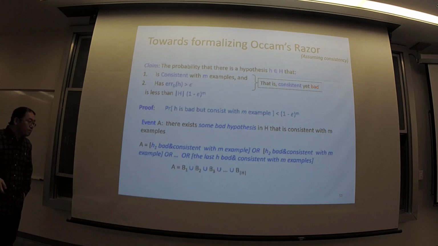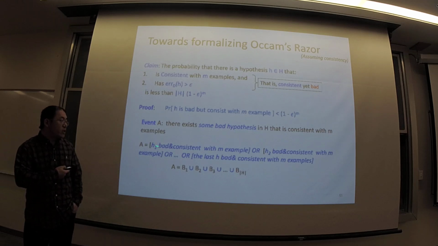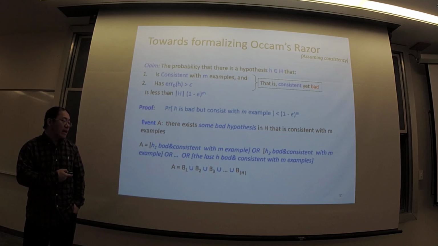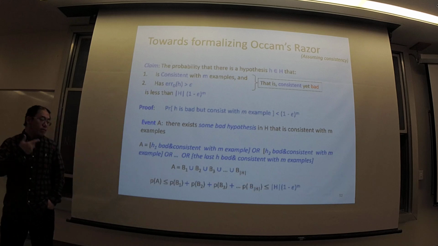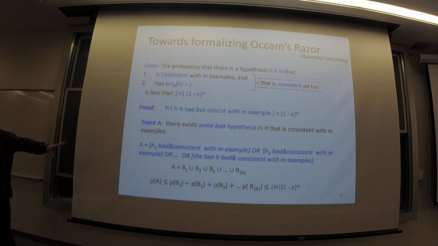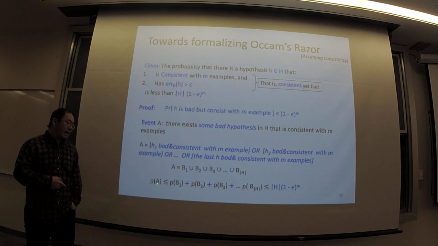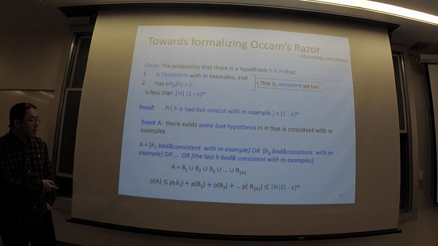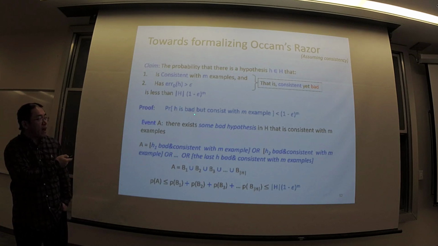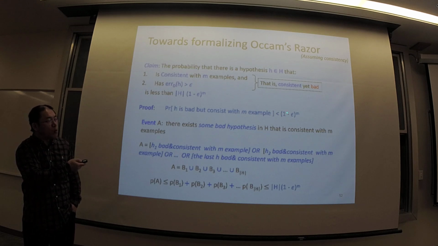If we denote each event, meaning each specific hypothesis is bad but consistent with m examples, as B1, B2, to B size of H, then we can represent event A as the union of B1, B2, to B size of H. Then, according to the inequality you proved in homework 0, the probability of A is upper bounded by the summation of the probabilities of B1, B2, to B size of H. Each of them is the probability that some specific hypothesis is bad but consistent with m examples, and is upper bounded by (1 minus epsilon) to the power of m.